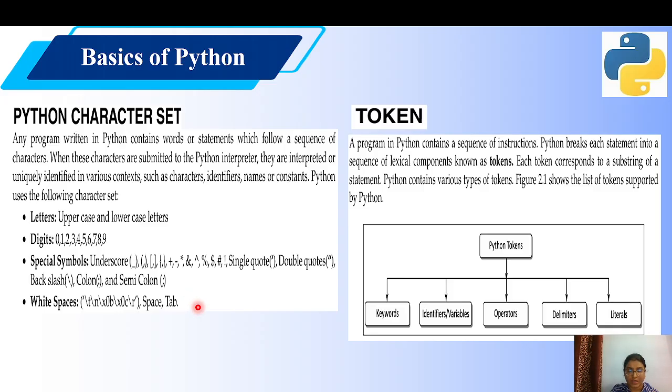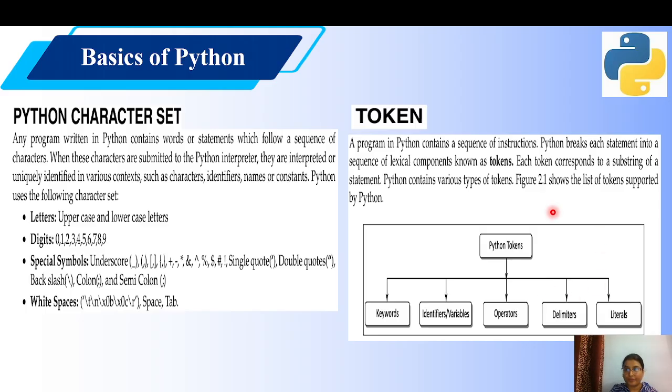And when we talk about tokens, the second thing is token. It is the smallest meaningful unit actually. Tokens are like words in English. Without them, sentences don't make sense.